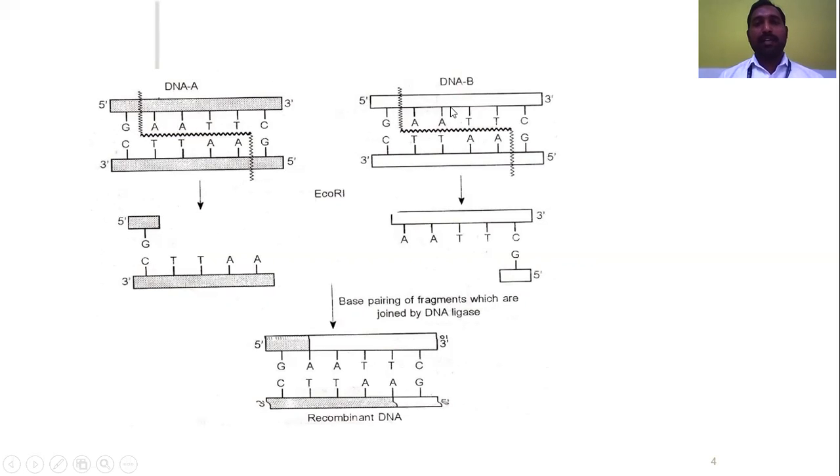Both DNA molecules are restricted using the EcoRI enzyme, and once restricted you get sticky ends on the DNA molecules. Both DNA molecules are then ligated through the DNA ligase enzyme. Once ligated, you have the recombinant DNA molecule or chimeric DNA.